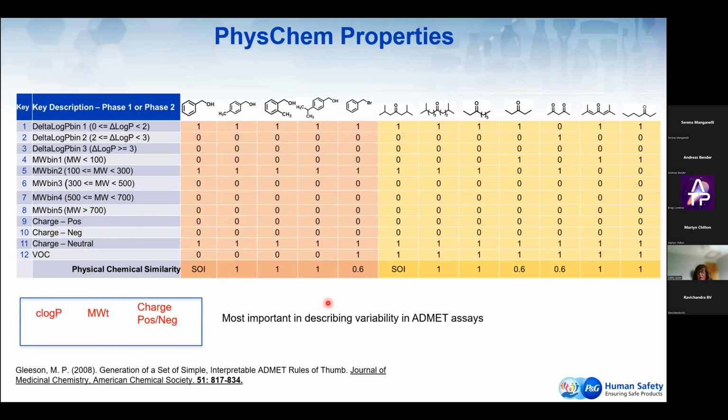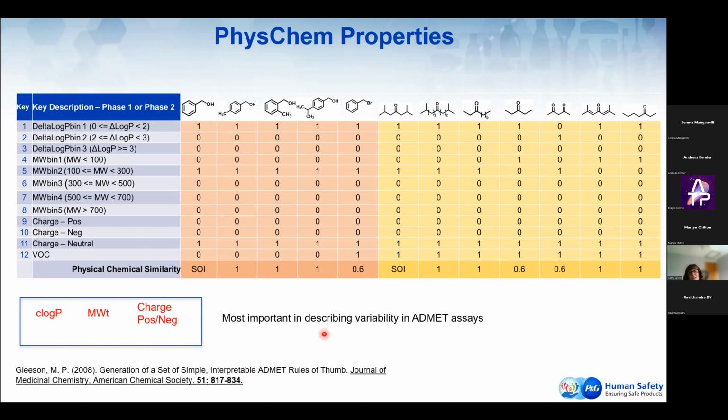Finally, physicochemical properties are important to demonstrate similarity and bioavailability. What we did here for defining our fingerprint for physicochemical similarity was there are some papers written by Paul Gleason from GlaxoSmithKline, where he took the assays in their company and did some principal component analyses and found that these 3 properties were the most important.